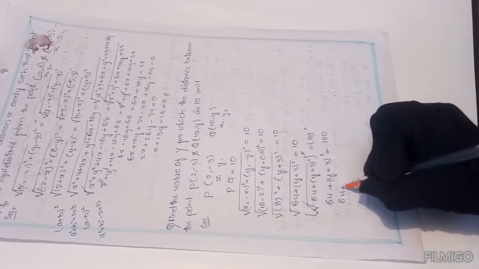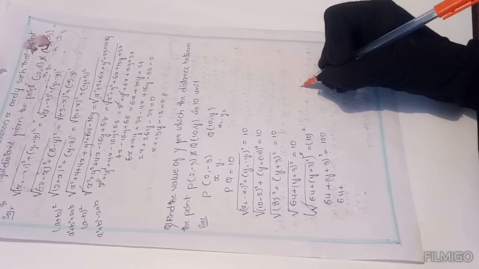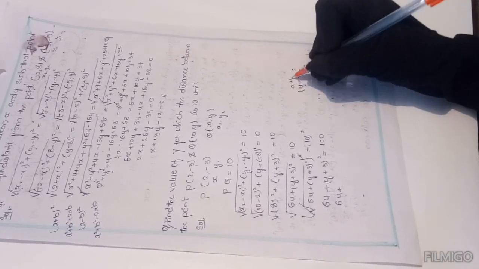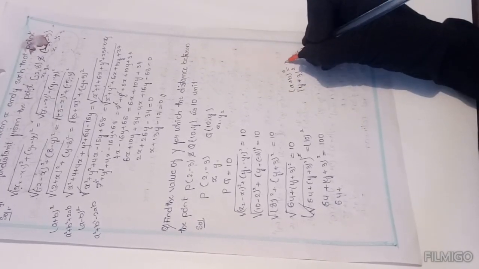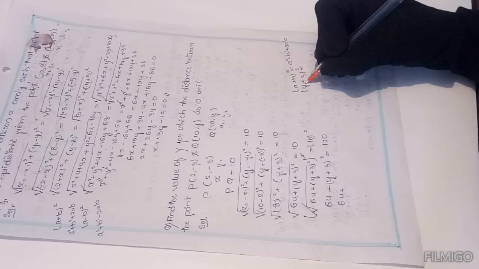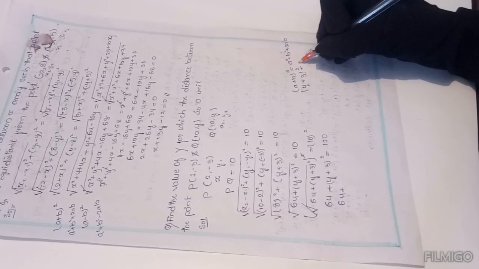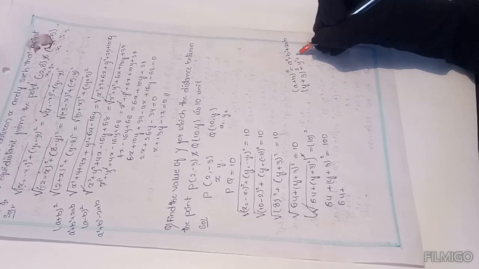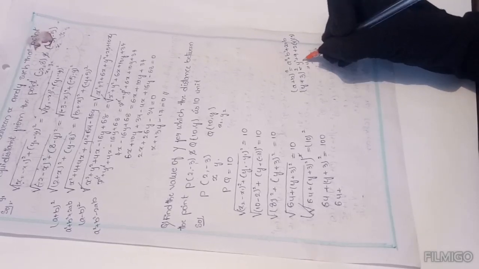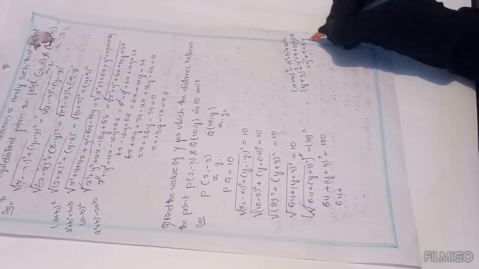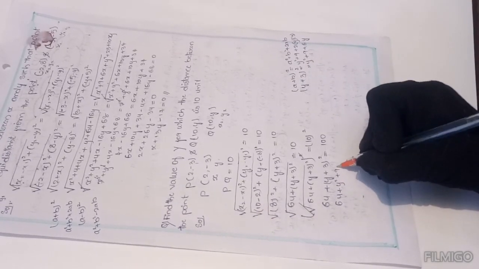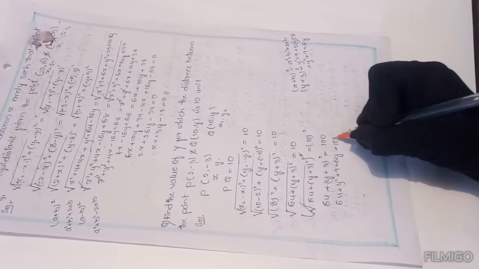Now (y plus 3) whole squared is in the form of (a plus b) whole squared. The expansion of (a plus b) whole squared is a squared plus b squared plus 2ab. So in the place of a we have y, and in the place of b we have 3. So y squared plus 3 squared is 9, plus 2ab, which is y squared plus 9 plus 6y. So in the place of (y plus 3) whole squared we can also write y squared plus 9 plus 6y is equal to 100.